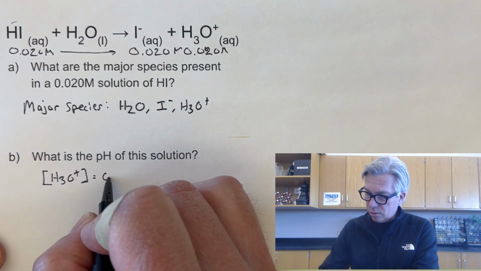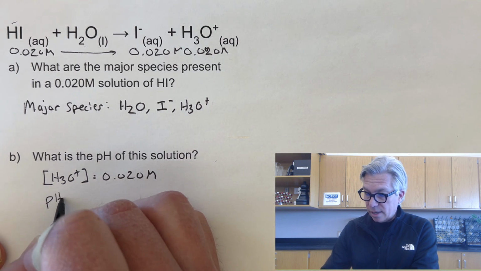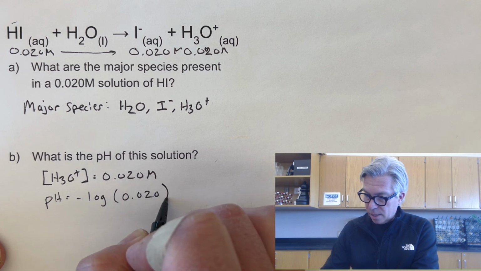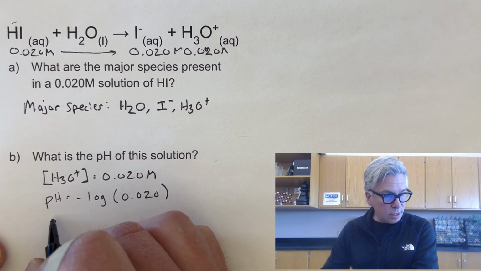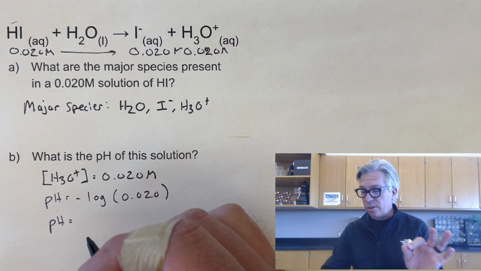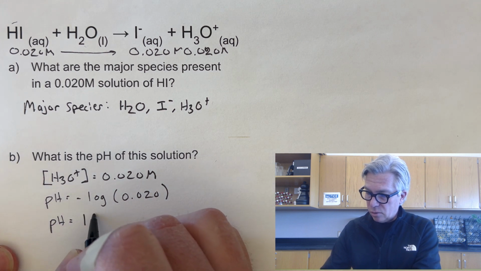So 0.020 moles per liter. And so the pH is simply going to be the negative log of that number, 0.020, which ends up being pH equal to 1.699 is what came out on my calculator. But a reminder that pH values should always have two decimal places, so I'm going to round that up to 1.70.